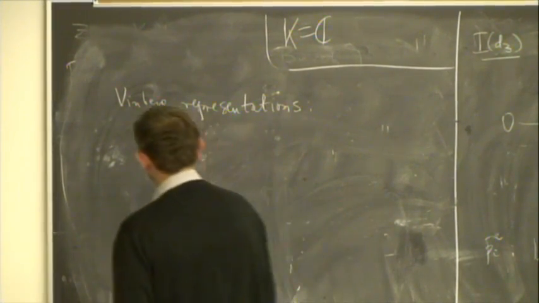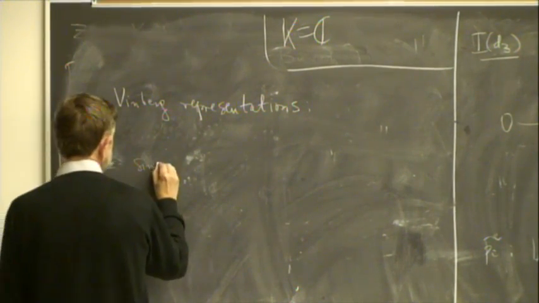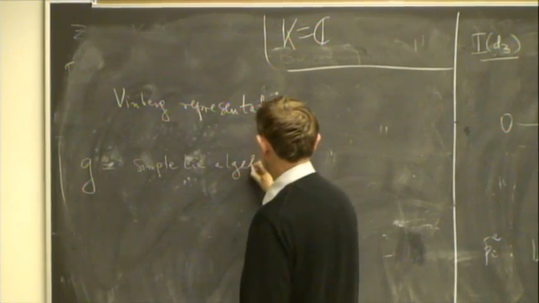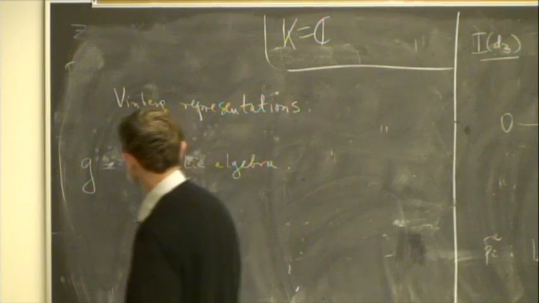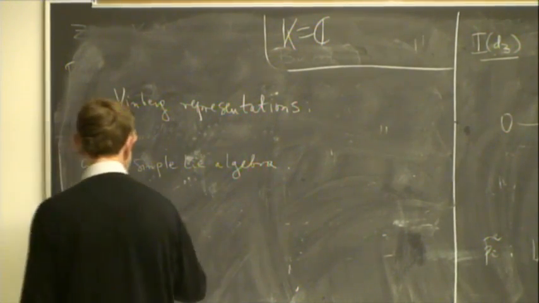Well, you start with, for example, G to be a simple Lie algebra. Well, it could also be semi-simple, but it doesn't matter. And you distinguish, look at some simple root alpha i.